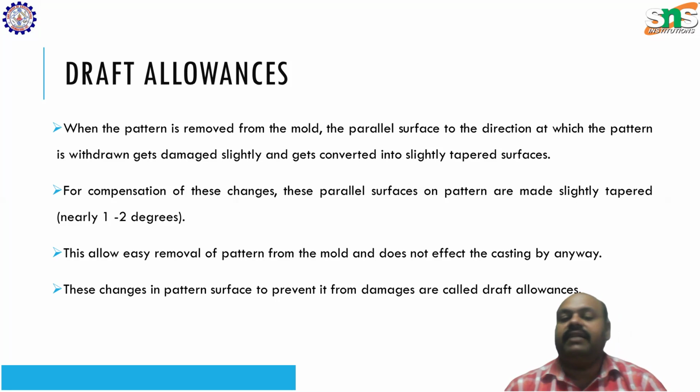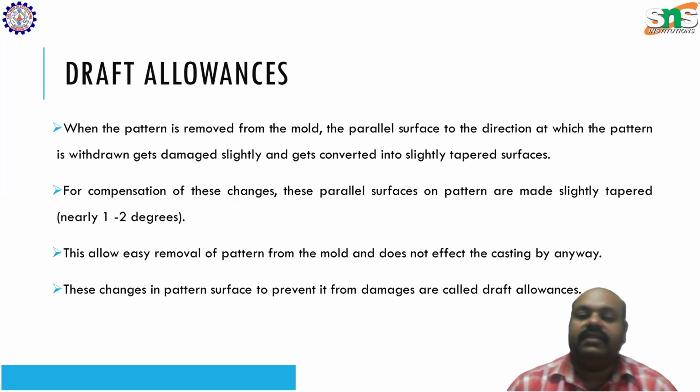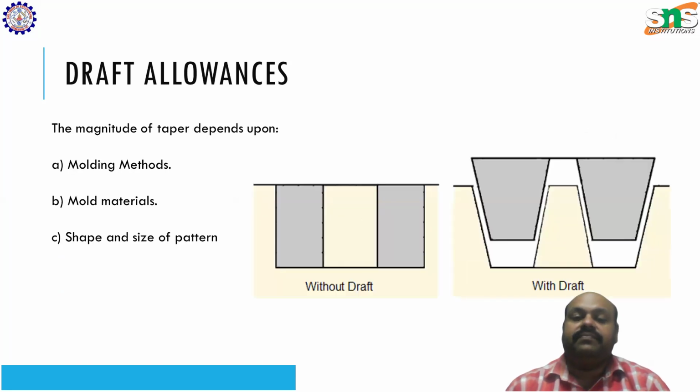The changes in the pattern surface to prevent damage are called draft allowance. The magnitude of taper depends upon the molding methods, mold materials, and the shape and size of the pattern.